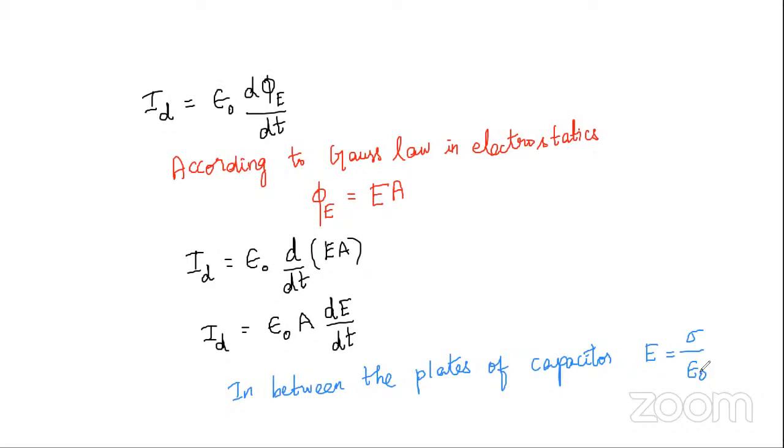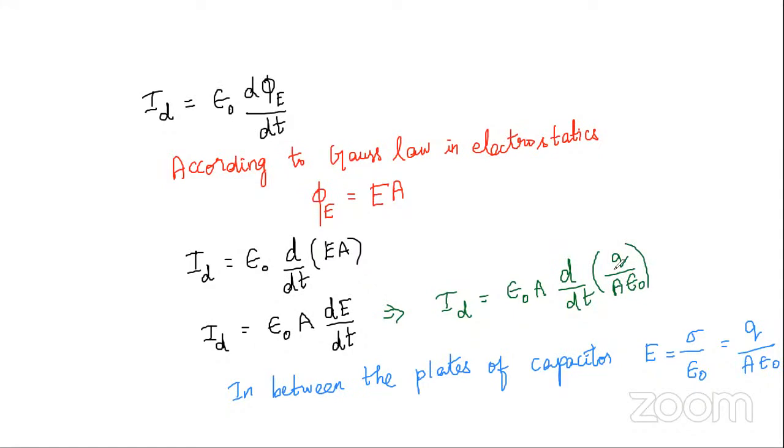Sigma is nothing but surface charge density, so charge by area, that is Q divided by A. So E equal to Q by A epsilon naught. And from this, your equation is modified. So ID is equal to epsilon naught A into d by dt of, instead of electric field, you substitute Q by A epsilon naught.